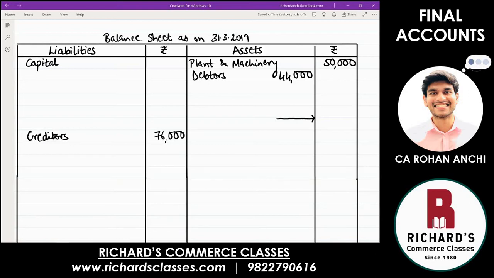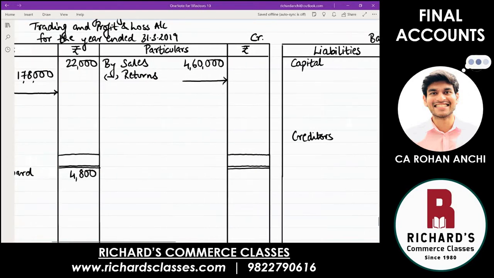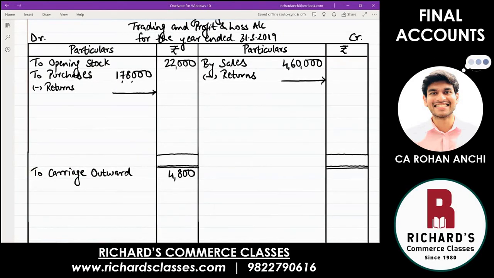Then you have the two returns, both given in debit and credit. It is always opposite, I told you. So in the debit column, what you see 2,000, that is sales returns. So come to the credit side, and we have already written minus returns. Amount is 2,000. Deduct and tell me the value in the outer column. 4,58,000.